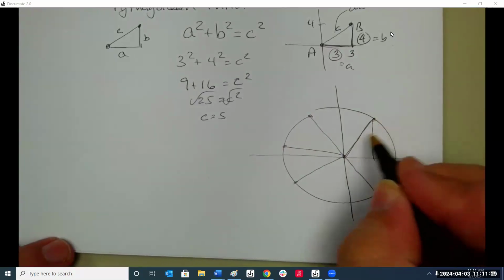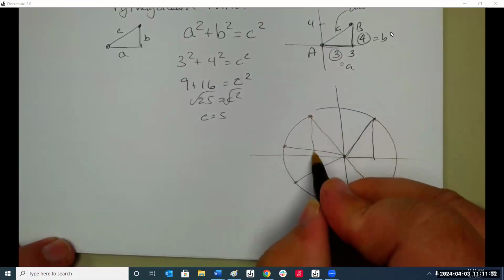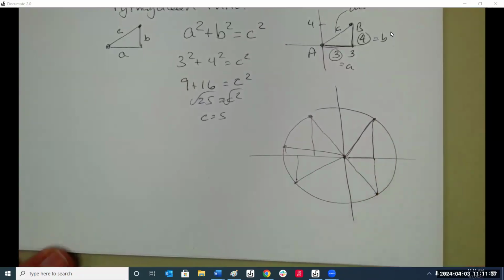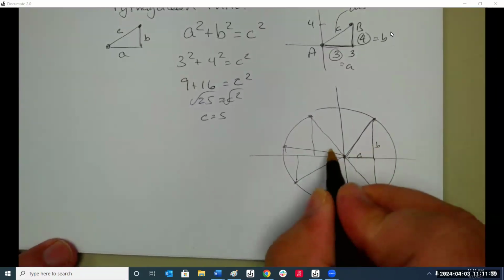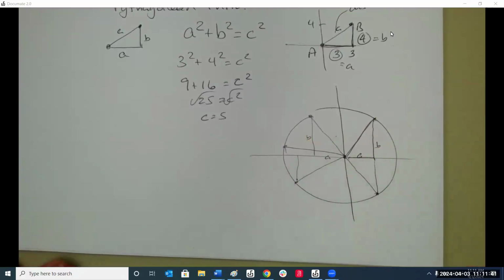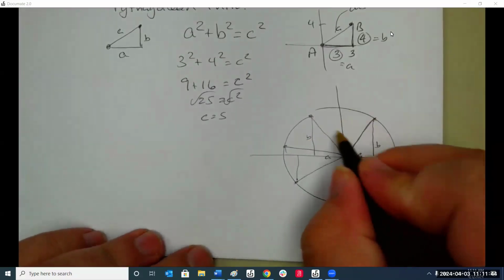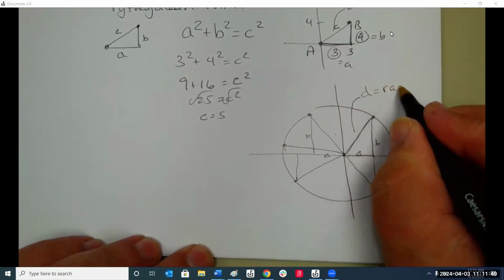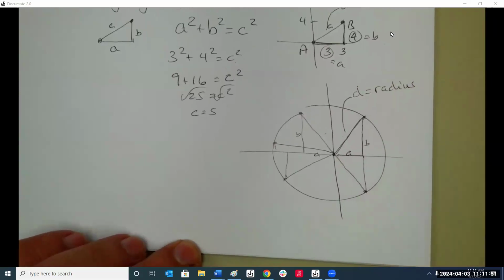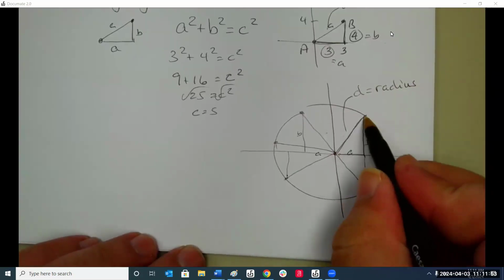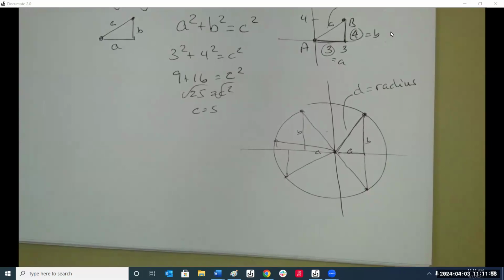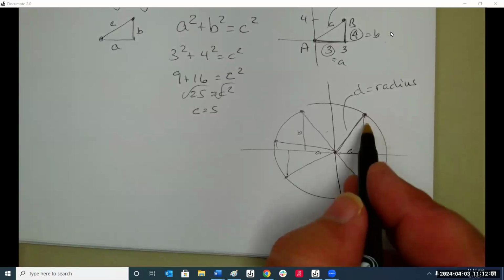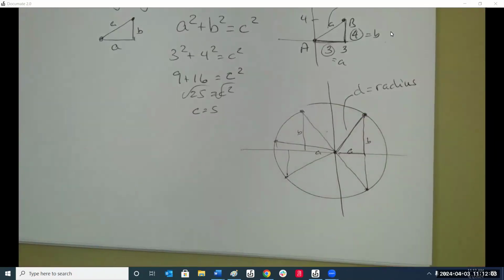And all those distances are calculated by the Pythagorean theorem. This is A, that's B. The distance now has another name. The distance from the center point to the point on the circle is called the radius. Now, if all those are the same, now we have a circle.